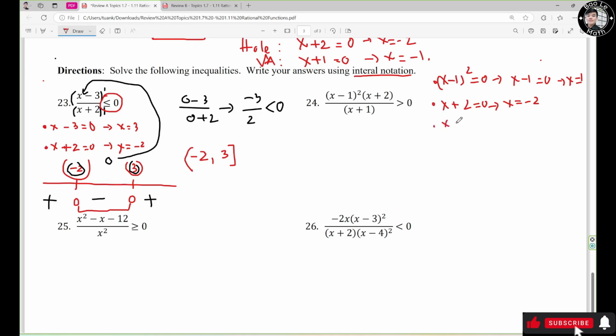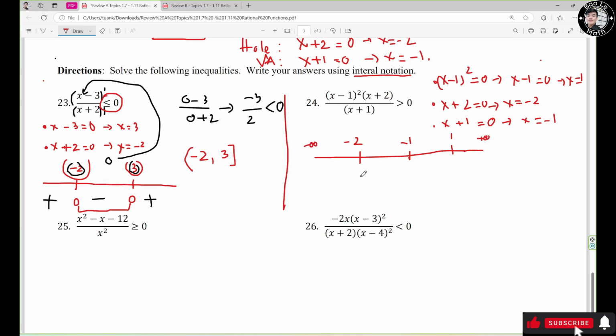Now s plus 1 equals 0, then s equals negative 1, right? Now I need to put all of these on the number line, right? So I need to place negative 2 first. Next one, negative 1, right? And the last one should be 1, right? On the right hand side right here, I put positive infinity. The left hand side right here, I put negative infinity, right?